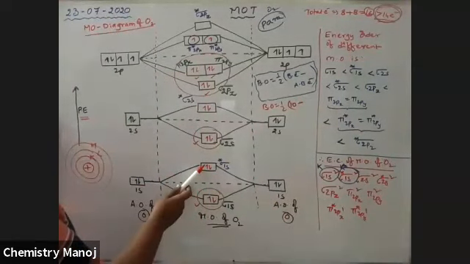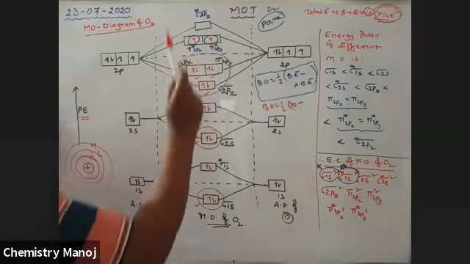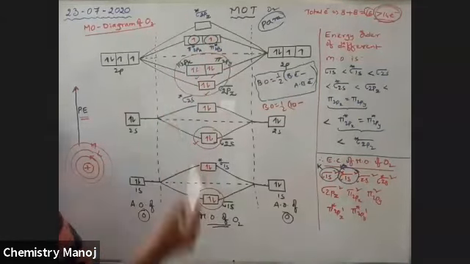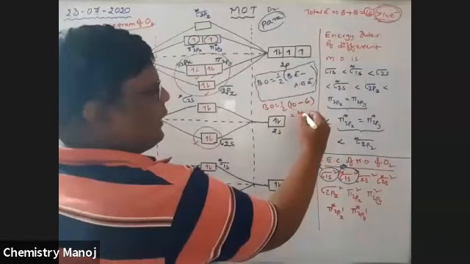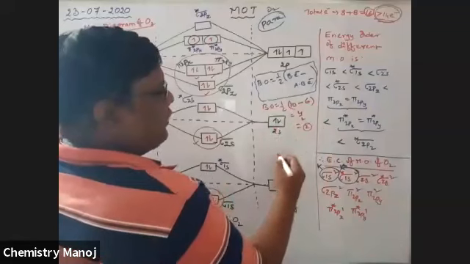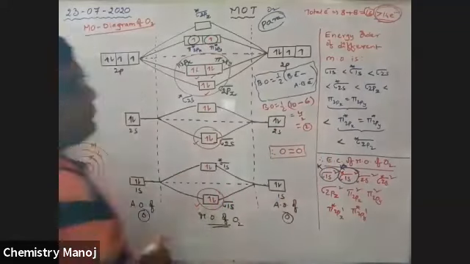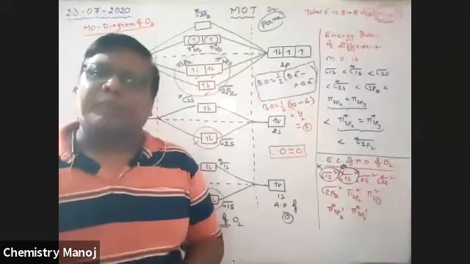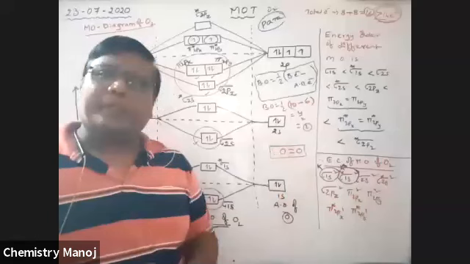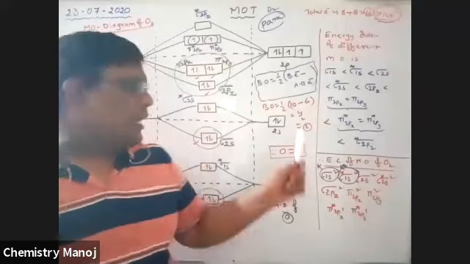These are anti-bonding: 2 plus 2 plus 2, that is 6. So 4 by 2, which is equal to 2. Therefore, there exists a double bond between oxygen and oxygen. In the O2 molecule, the bond order between the two oxygen atoms is 2.